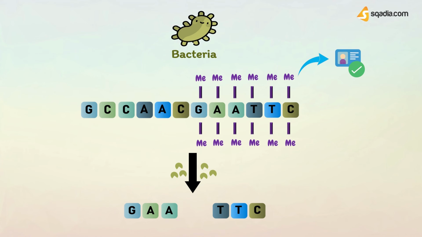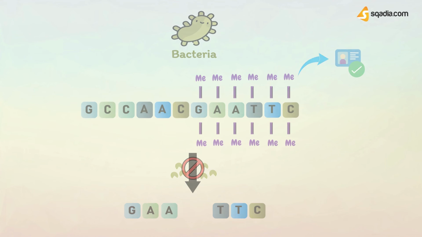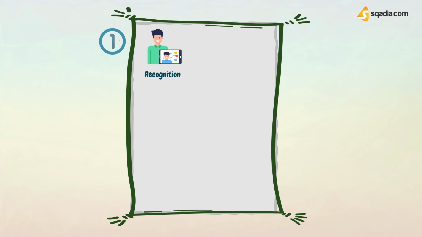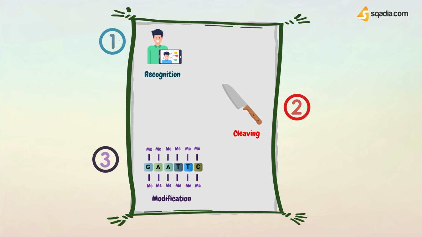So, the first function of restriction enzymes is recognition, the second is cleaving the DNA of the foreign agent, and the third is modification of its own DNA to protect it from cleaving itself due to resemblance of its DNA sequence with the sequence of DNA of its enemy.